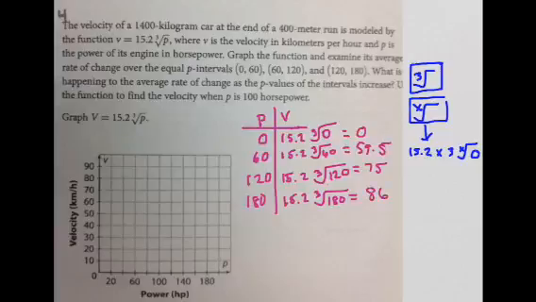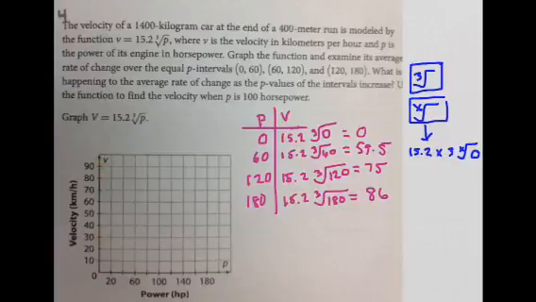So now I'm going to go ahead and plot the points. Notice on the horizontal axis, they're going by 20s. Every tick mark is up by 20. Over here, every tick mark is up by 10.